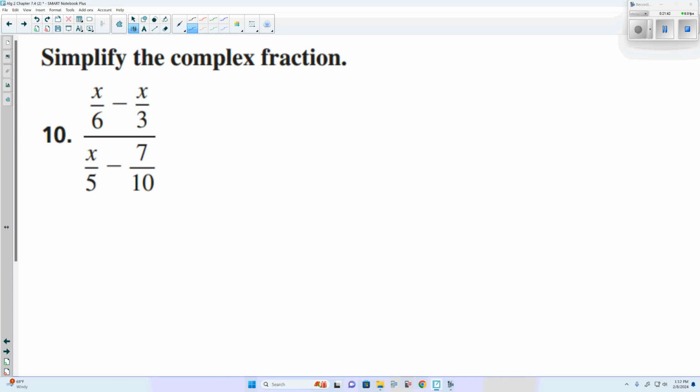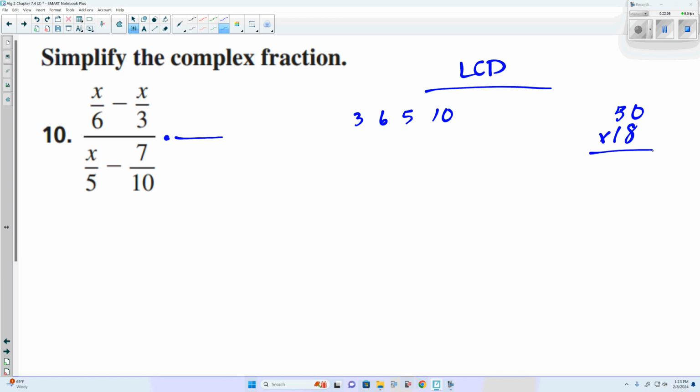Now again, we need to find the least common denominator between 6, 3, 5, and 10. So we could multiply these together. 5 times 10 is 50. 3 times 6 is 18.